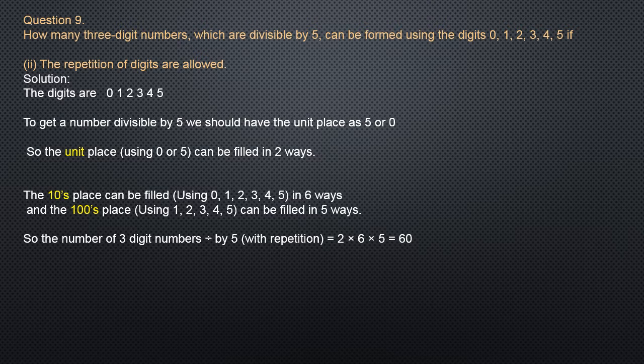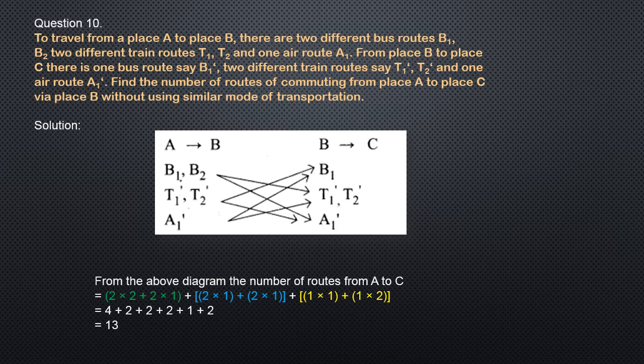Next problem, 10th problem. To travel from place A to place B, there are two different bus routes, B1, B2, two different train routes, that is T1, T2, and one air route, A1.